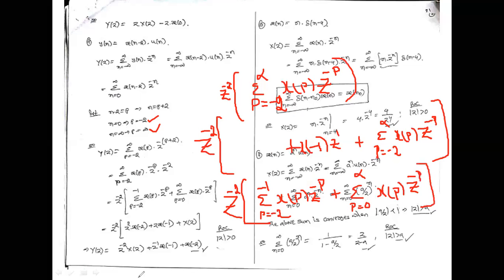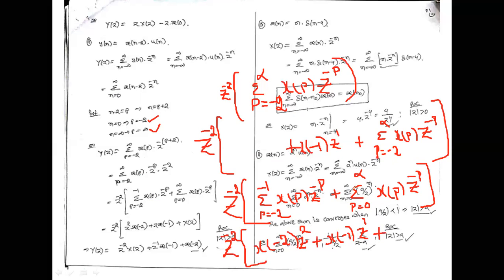This is the equation actually. x of minus 2 is there, x of minus 2 z power minus 2. So z power minus 2, you can expand these two functions as x of minus 2 z power minus of minus, which becomes plus z square, plus x of minus 1 z power minus of minus 1. Got it, my dear students?